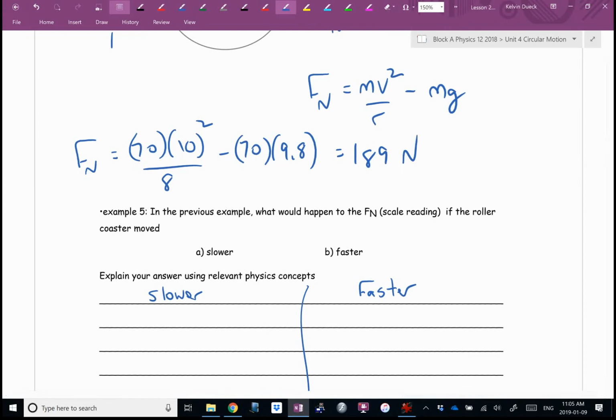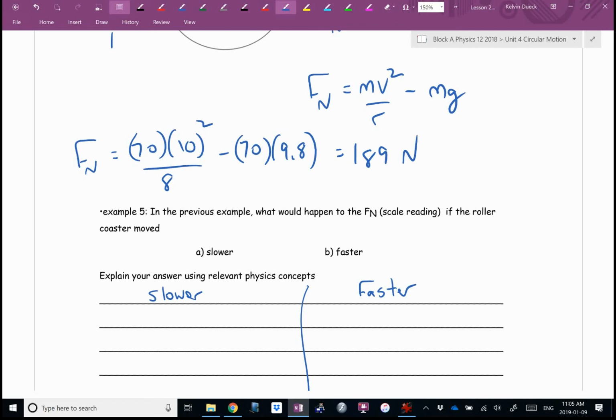What happens to the normal force? Well, here's the speed in this equation. As this number gets smaller, what happens to this answer? Smaller. In fact, the slower it goes, the more you'll feel like you'll fall.